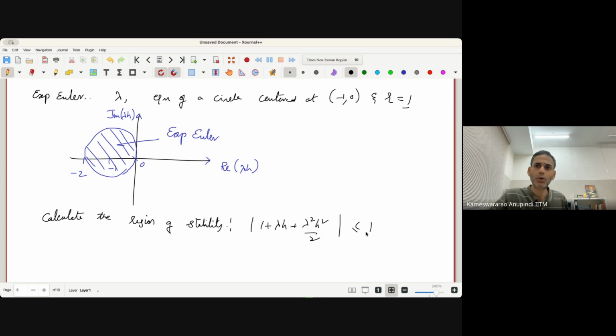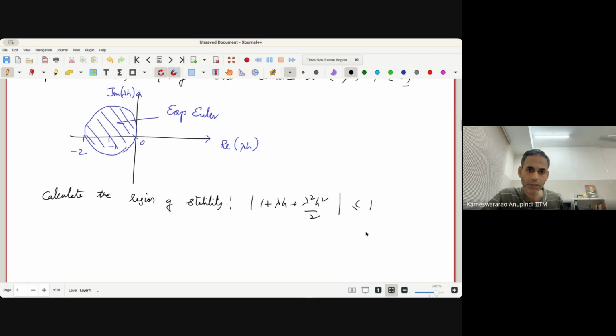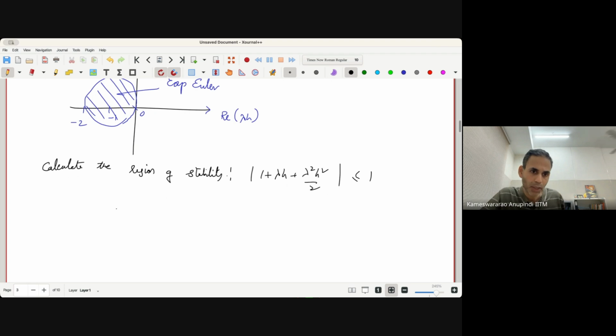Okay, so one way to go about this is to equate 1 plus lambda h plus lambda square h square by 2 to be equal to 1 times e to the power I theta. Because it is 1, we want to draw the stability region, the stability diagram.